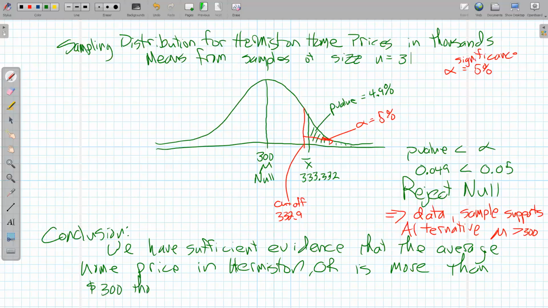So that is our conclusion right there. Sometimes in a write-up in a scientific paper, we might say what our p-value is, but here I'm just writing a conclusion that I might end up with in a newspaper article that I want to share with realtors in the area.